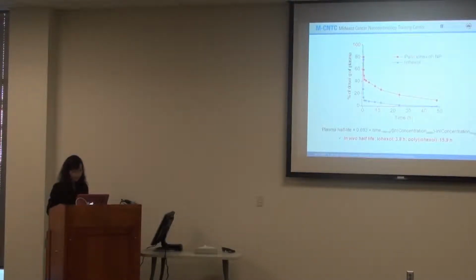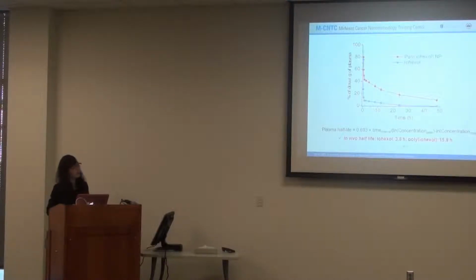Here we can see that in the first 30 minutes, both of them show large drops. However, the concentration in the blood of the nanoparticles is still much higher than the small molecules, almost twofold higher. Then by applying this equation published in the Nature Nanotech paper, we can get the in vivo half-life of both systems.